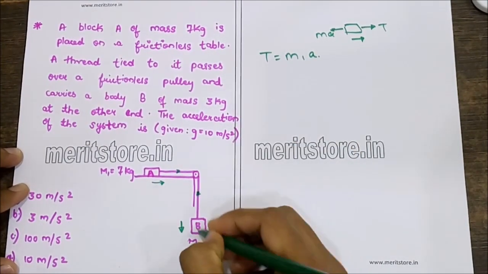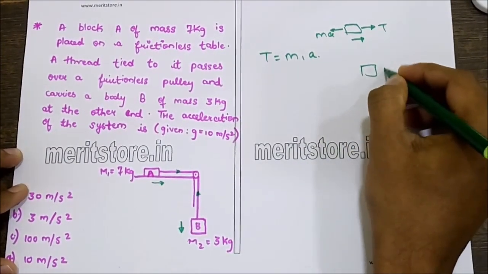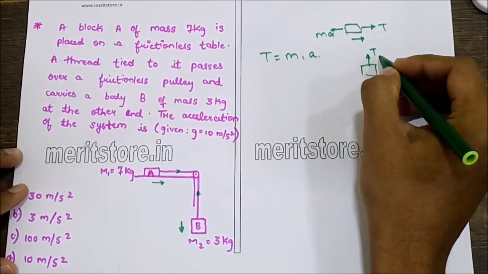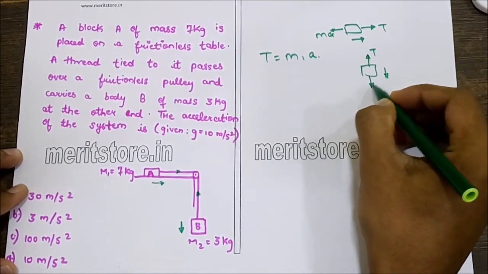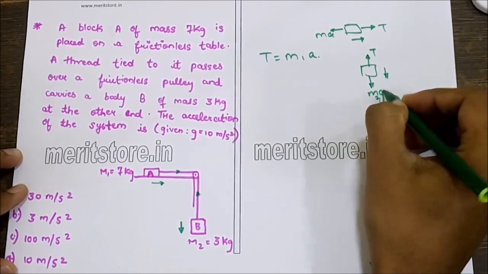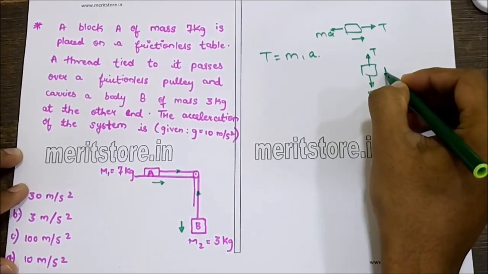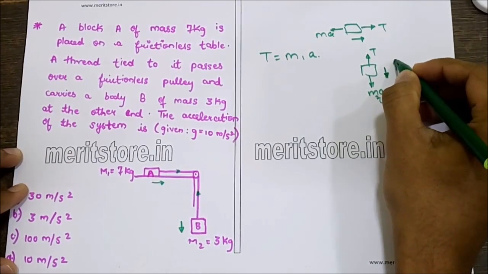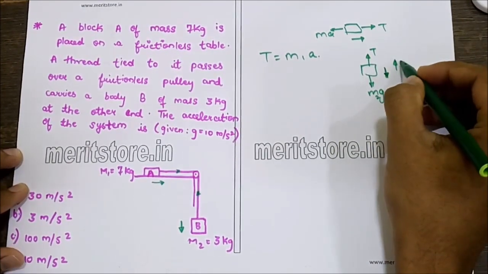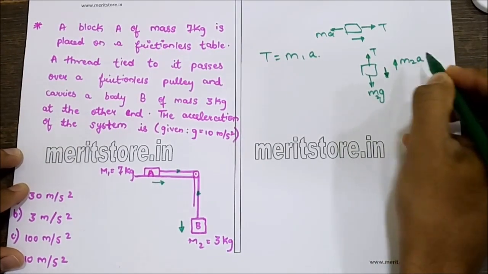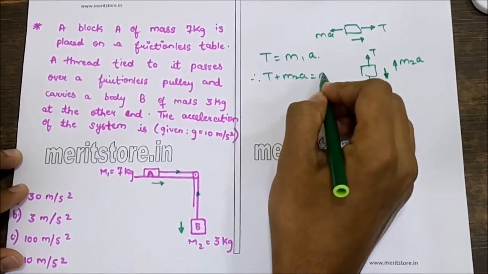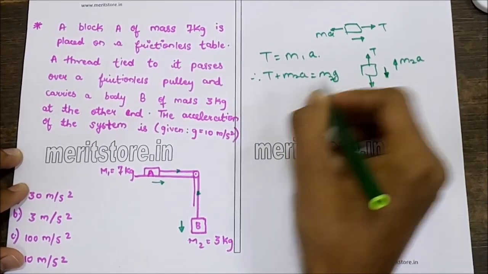Also, for the block B, since it is moving in the downward direction, the forces acting on it are tension in the upward direction, self-weight, that is m2 g, and for a downward moving body, the inertial force would be in the upward direction, that is m2 times a. Therefore, T plus m2 a is balanced by m2 g.